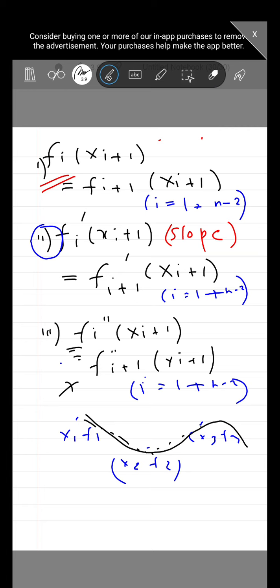So the equations for the polynomial in each interval are derived by first observing that the second derivative of f_i(x) is a straight line in each interval.